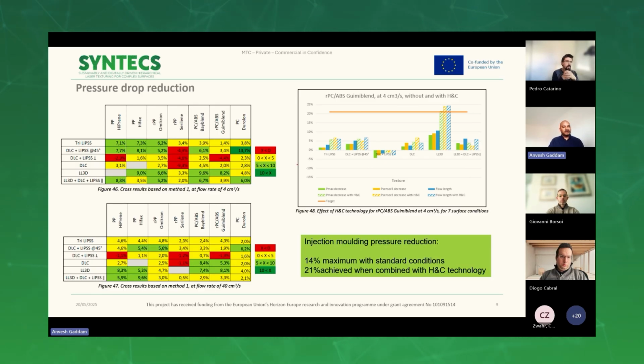As you can see, only a few of the textures have given rise to a reduction in the pressure drop, and especially when we selected 3D hierarchical textures like lotus leaf, that has given rise to a minimum of 14% in the standard conditions, and 21% of pressure reduction has been achieved with the heat and cool technology.